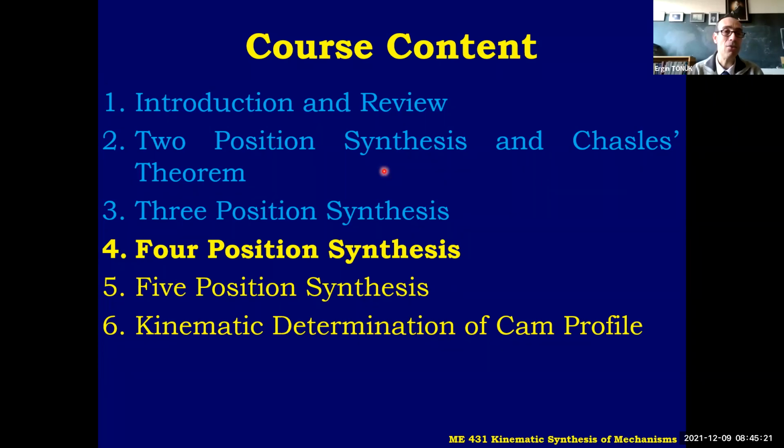In that case, we know how to select the moving and fixed pivots. And actually, one implied important result was that the number of free parameters we can use to design a linkage mechanism, like a 4-bar, slider crank, double slider, or even 6-link, is limited.